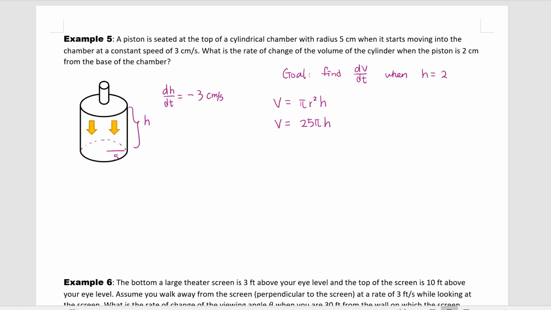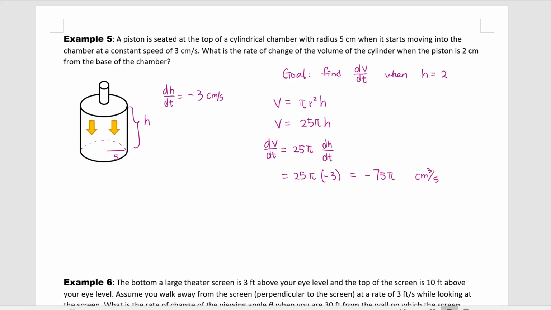Next, what do we do? We differentiate. So dV/dt equals 25 pi dh/dt. Now we're ready to plug in. dh/dt is -3, so we get -75 pi. And the unit? Volume, so cubic centimeters per second.